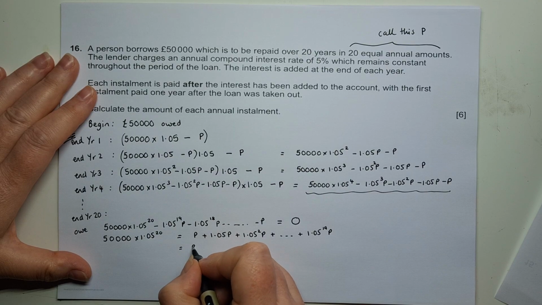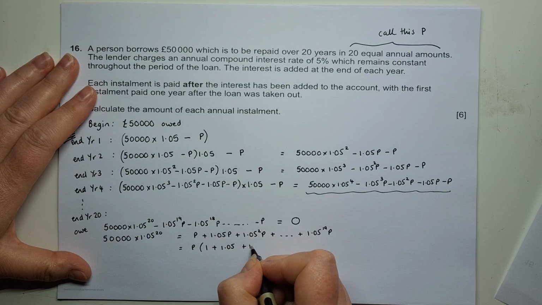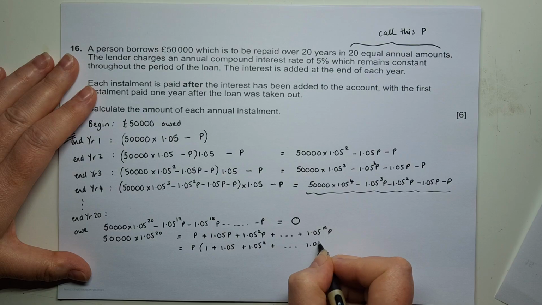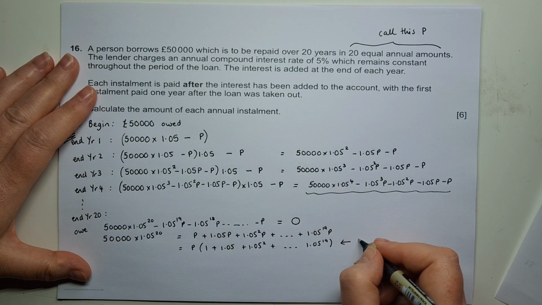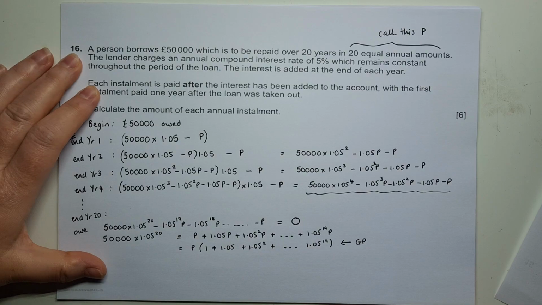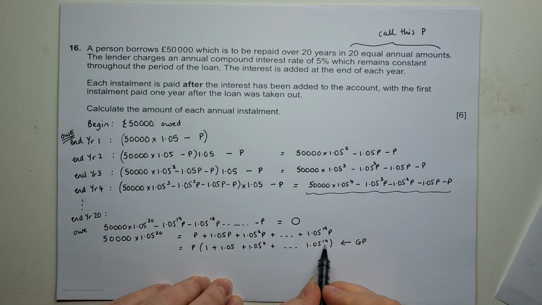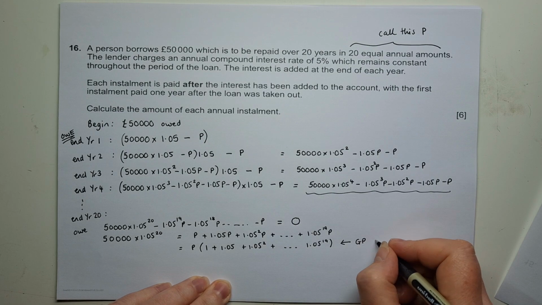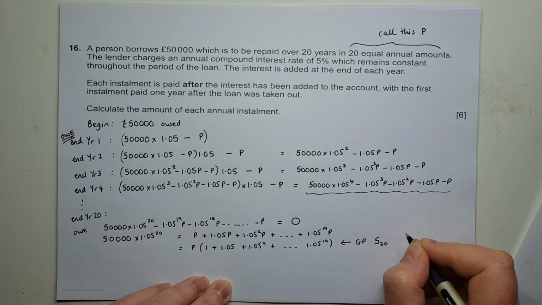And if we take p out as a factor, 1 plus 1.05 plus 1.05 squared, all the way up to 1.05 to the 19. Now, this is a GP. It's not a sum to infinity, is it? It's a sum of 20 terms. Don't be fooled with a 19 there. You've got the first term there. So we need the sum of the 20 terms of the GP.